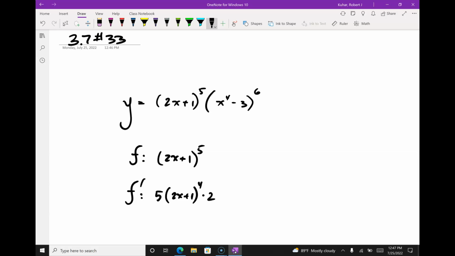Derivative of the inside. Second function in the product is (x to the 4th minus 3), all quantity to the 6th. Derivative is 6 times (x to the 4th minus 3) now to the 5th power, times another what? 4x cubed.